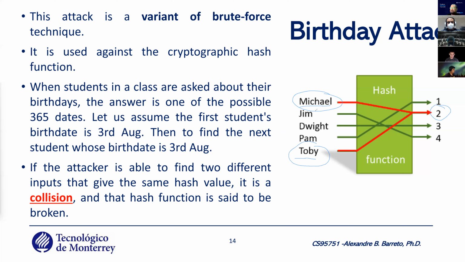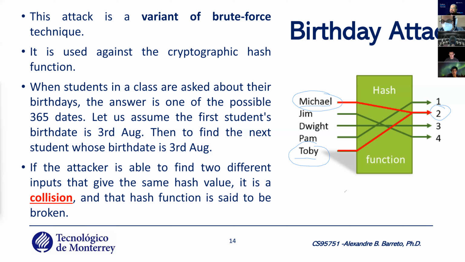For example, think that 30% of your hash values have collisions. It means the space to find is 30% less than the size of the key. You decrease the complexity to find the key. Did you understand? Did you understand the birthday attack or not?